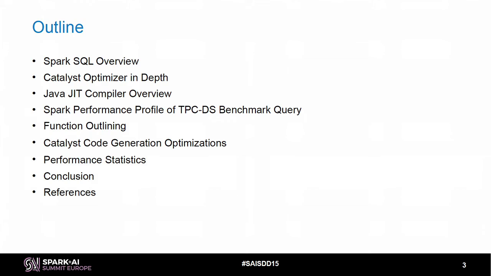This presentation has been outlined so that we recollect the Spark SQL Catalyst optimizer in depth to an extent, then look at some internal workings of the Java JIT compiler, and then see how function outlining can be applied to Catalyst code generation, and the associated performance statistics with the conclusion. This is a little more on the systems side as we concentrate on the performance aspects of the execution of the applications.